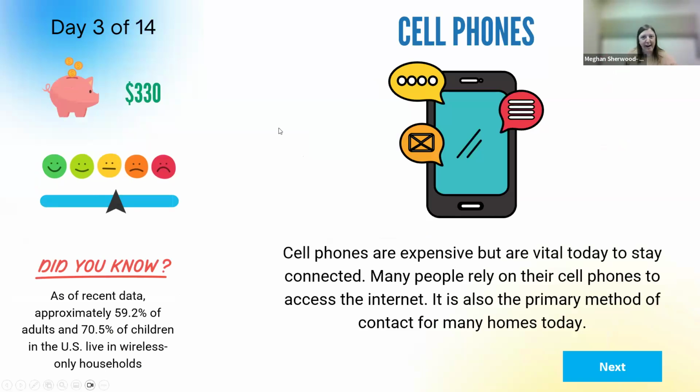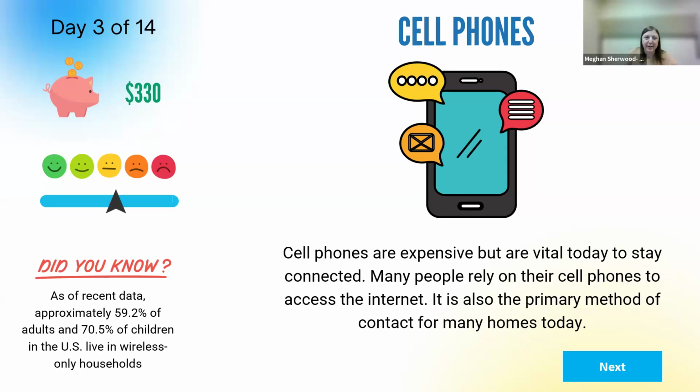Oftentimes we get asked about cell phones. I think a lot of people think that maybe it isn't as important for people to have a cell phone. But we know that connection is really important for everyone, especially individuals living within our ALICE population. They can be expensive, but they're really vital to connect with others, whether that's through phone calls or the internet.